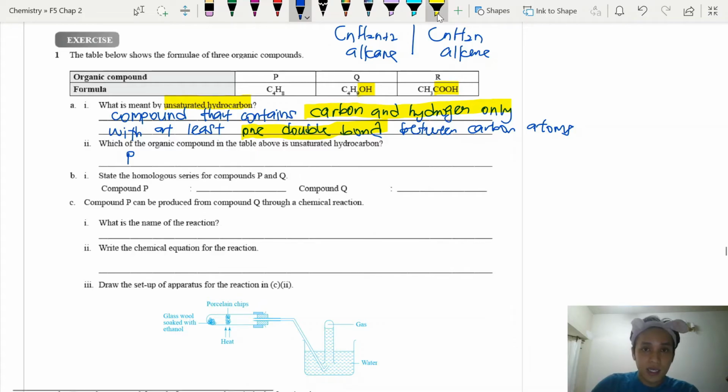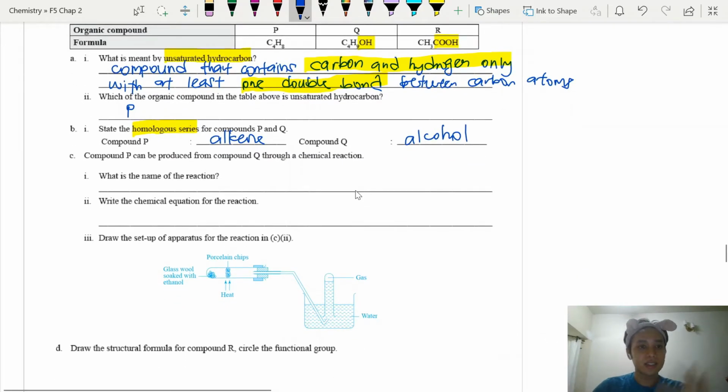They will ask this: state the homologous series for P and Q. P is alkene. Q, we have the OH, the hydroxyl group, so it's alcohol.